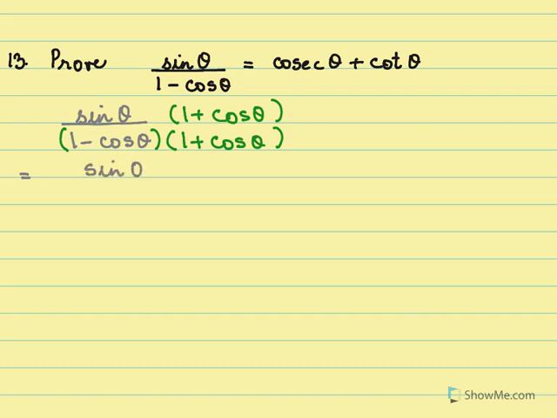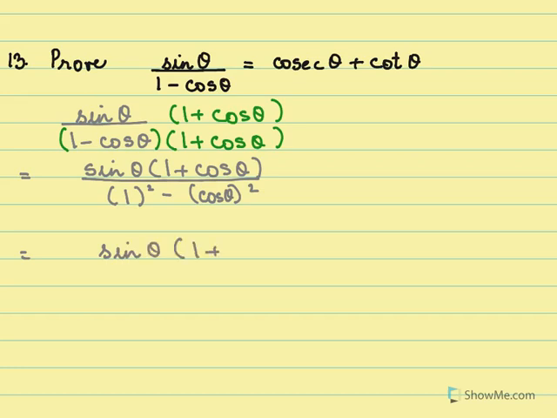In the numerator I get sin theta into 1 plus cos theta. In the denominator a minus b, a plus b, a square minus b square. So 1, and this is cos theta. So now in the numerator sin theta into 1 plus cos theta, and here I have 1 minus cos square theta.